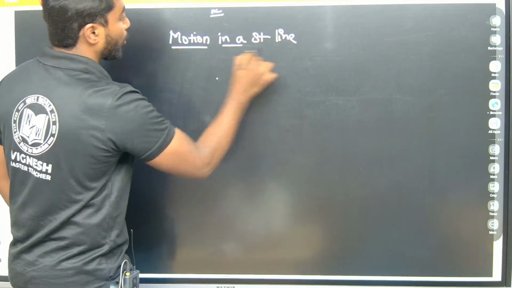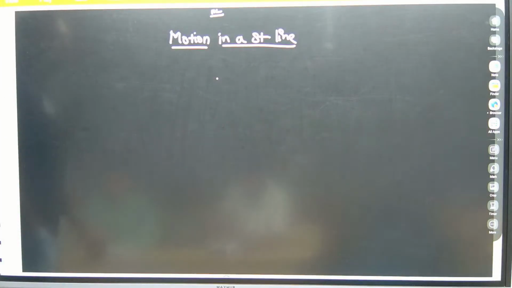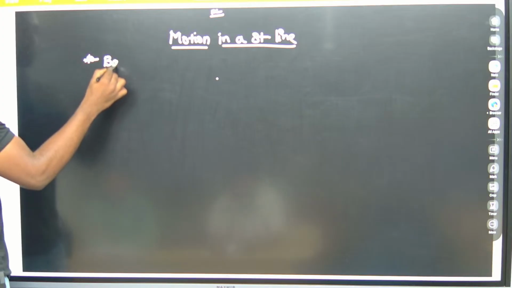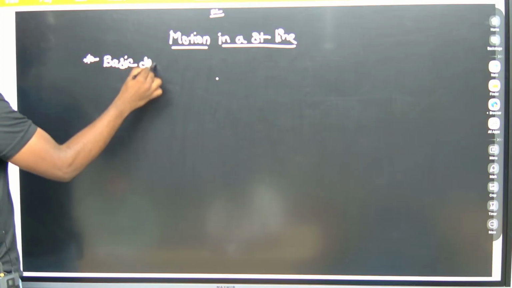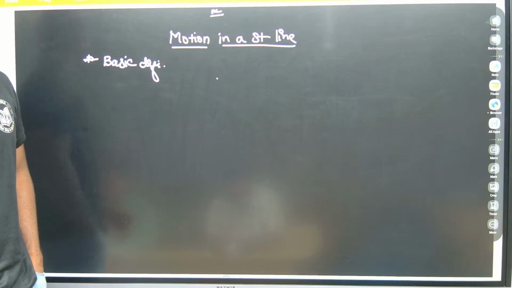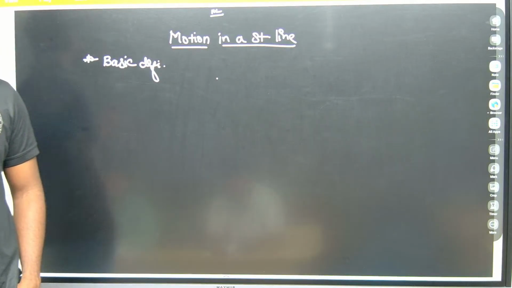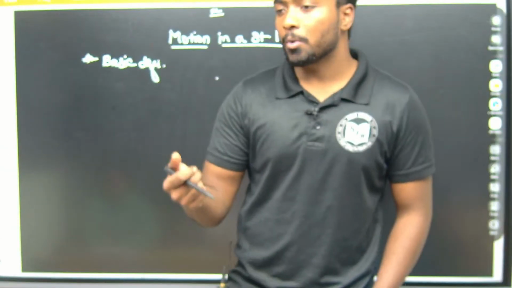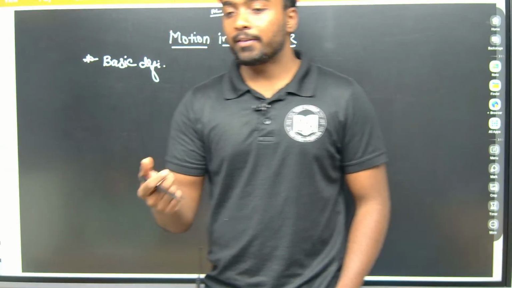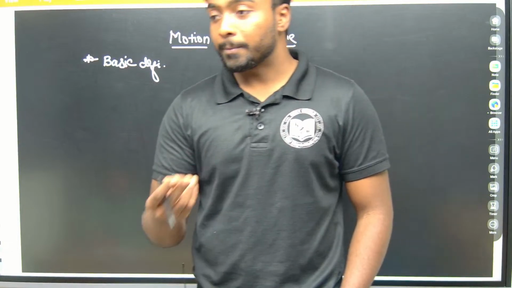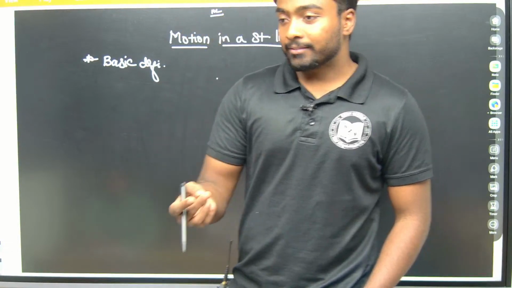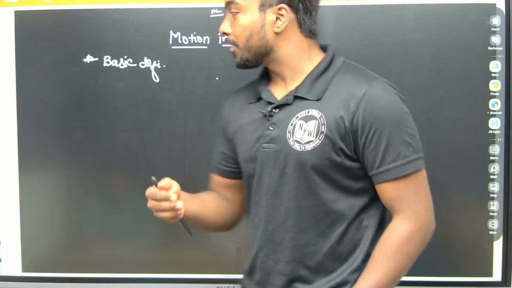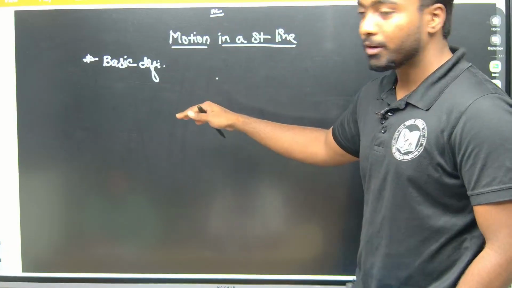Till now we have completed the basic definitions: what is distance, what is displacement, what is a reference frame, what is rest, what is motion, and then velocity, speed, acceleration, instantaneous velocity and instantaneous acceleration. Those things we have completed.